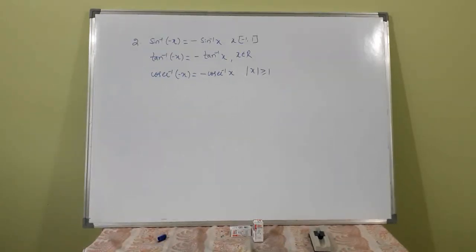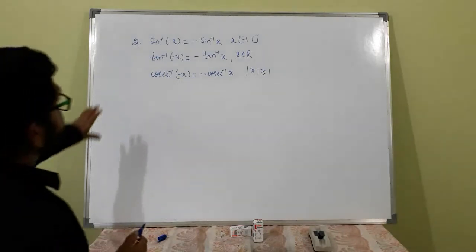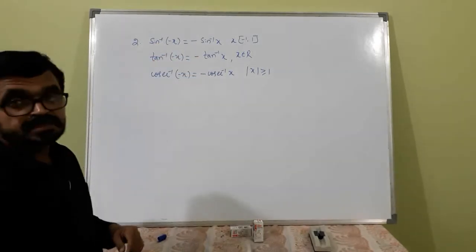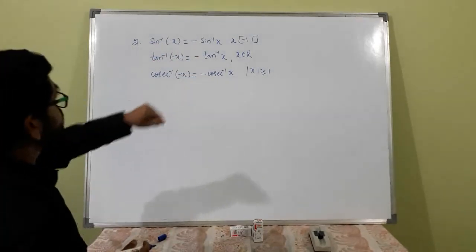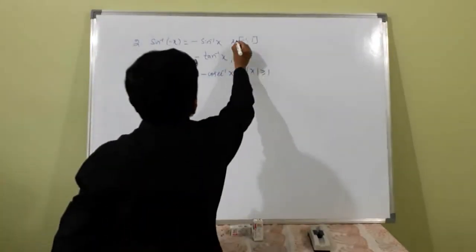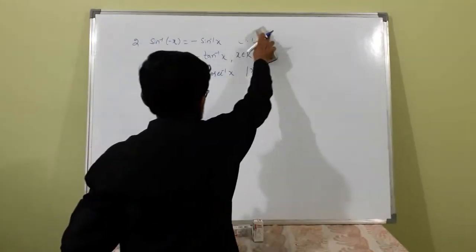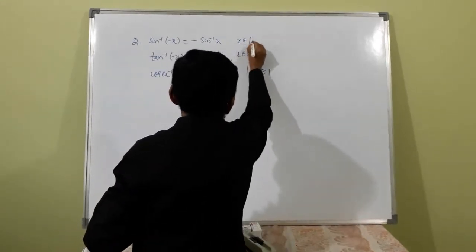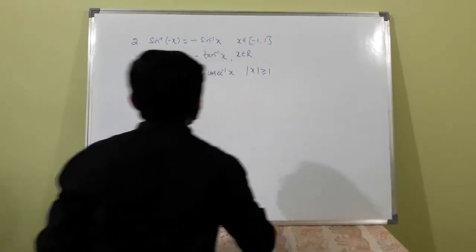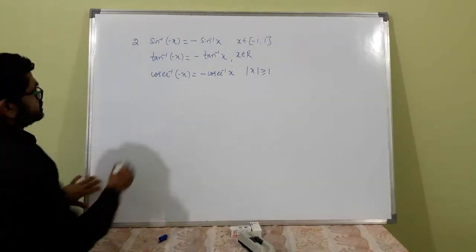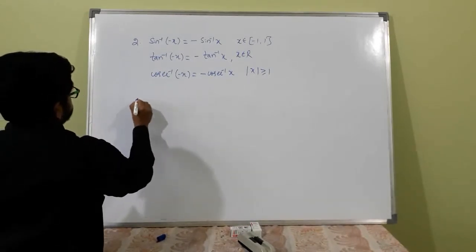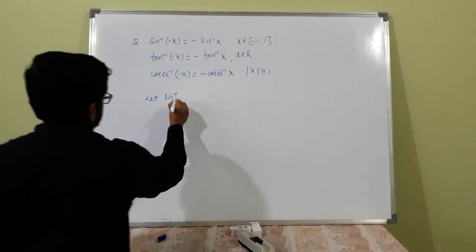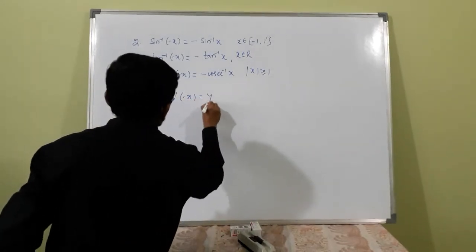Another set of inverse trigonometric functions. Sine inverse of minus x is equal to minus sine inverse x, for x belongs to the interval -1 to 1. Here also, let sine inverse of minus x be equal to y.